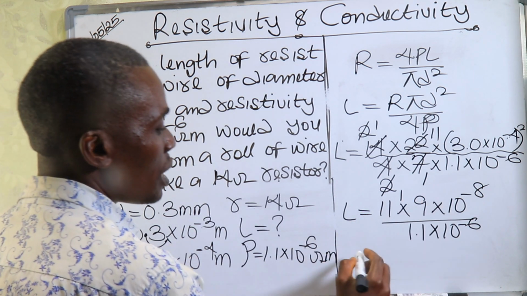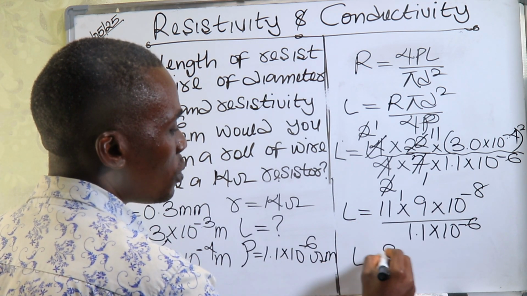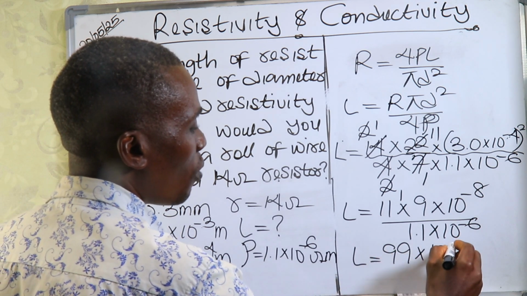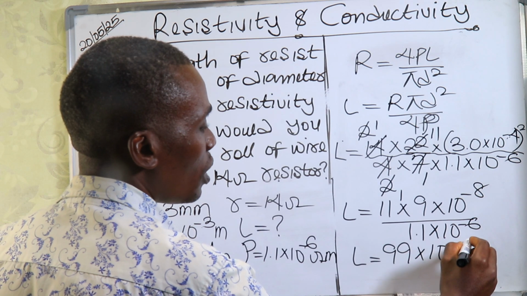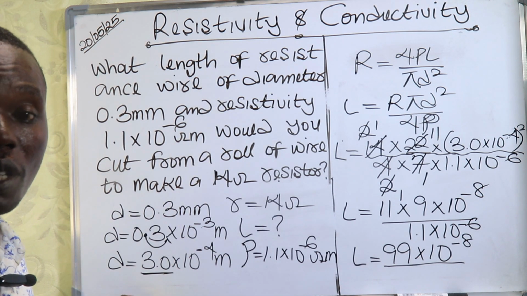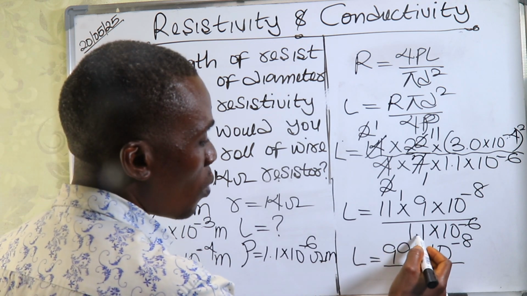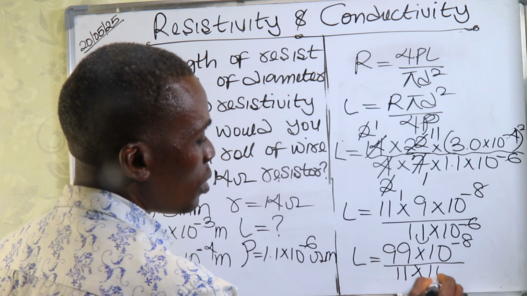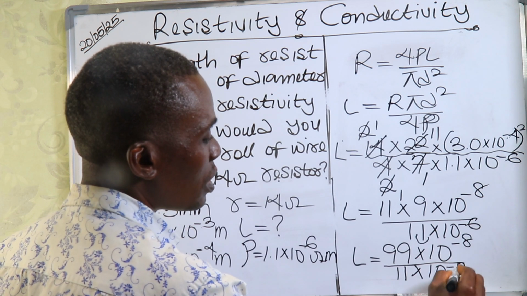So 11 times 9, our length will be equal to 99 times 10 to the power of minus 8 divided by 1.1, which gives us what? If we take this one down, this will give us 11 times 10 to the power of minus 7.